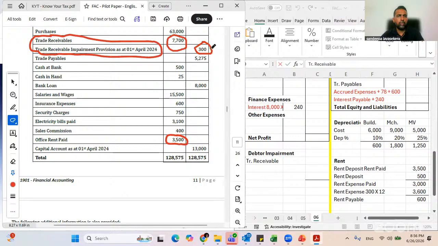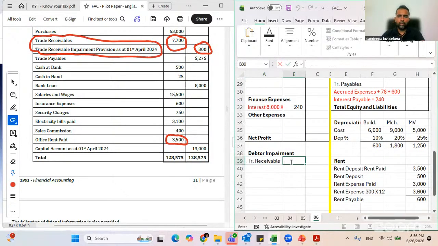Already we have an impairment provision of 300. So from the trade receivable balance of 7,700, 200 was written off. So it's 7,500. Then how much is the closing doubtful debt balance or the debt impairment balance at 10%? So 7,500 into 10% is 750.